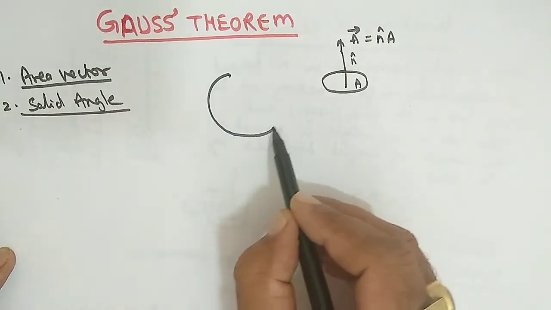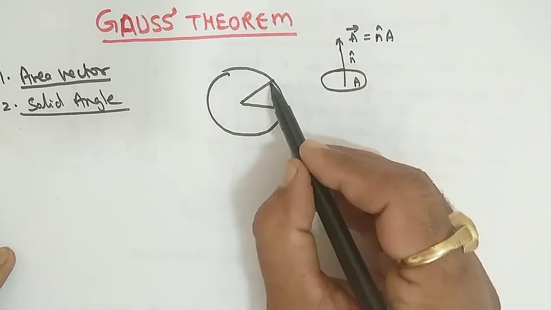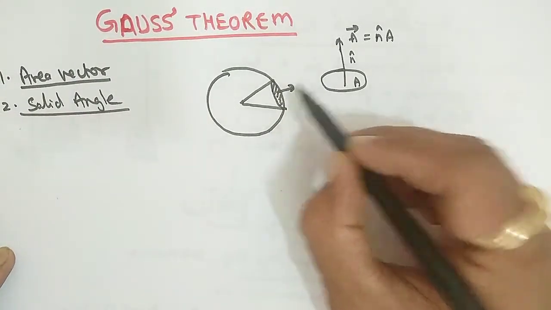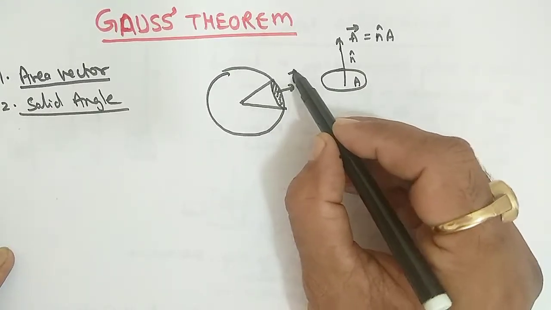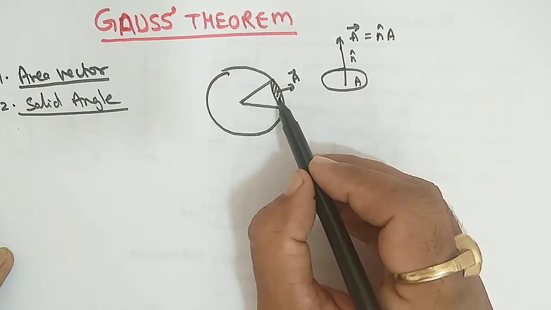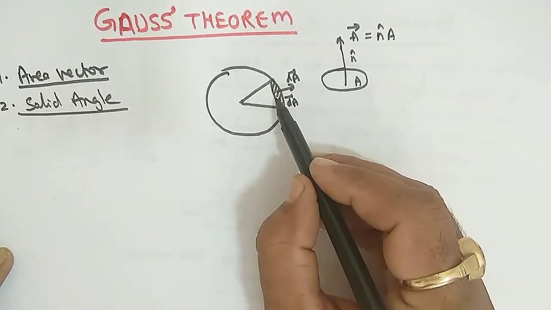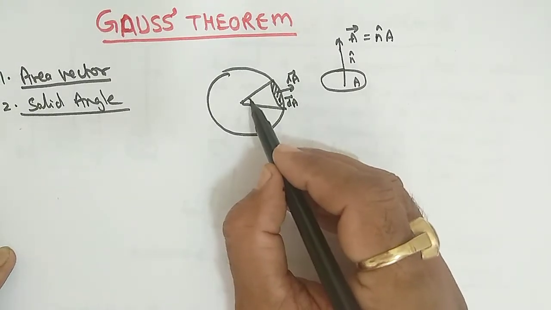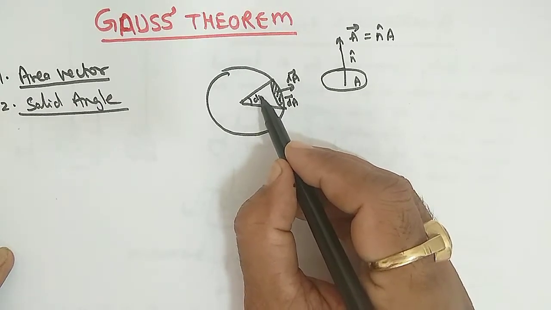Suppose this is a solid, and if we cut its portion like this, it is the surface A, and this small portion is dA, a small surface of the whole surface. The angle subtended by this surface at the center is known as the solid angle.